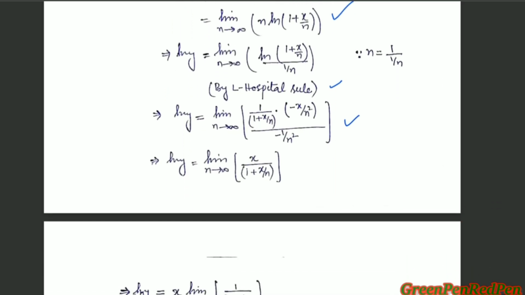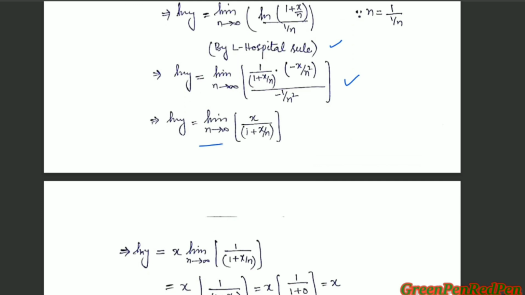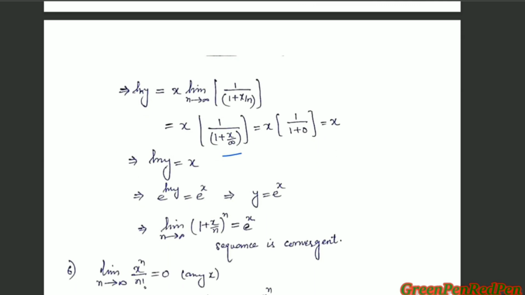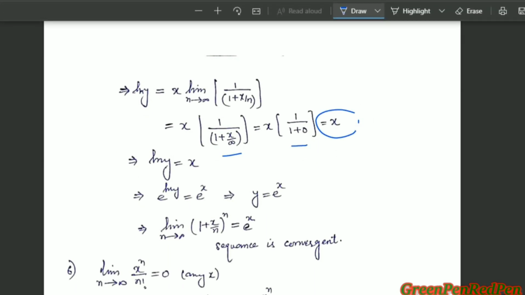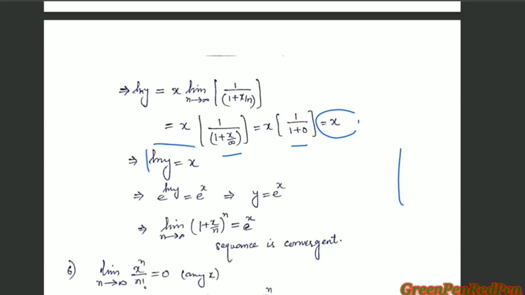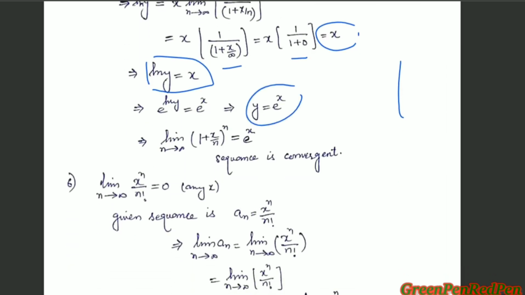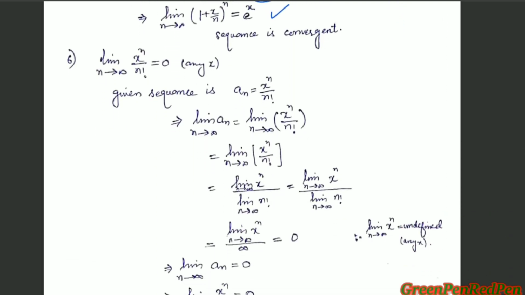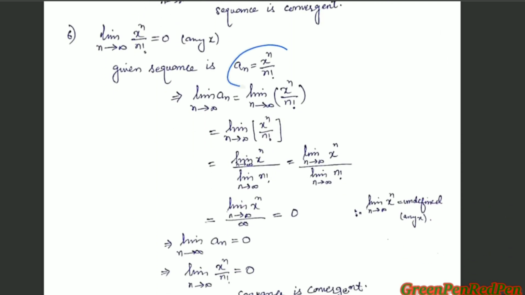Because the limit is only on n, we take x outside of the limit, and as n approaches infinity we get x. But we have log of y equal to x, and we need e to the power x. Taking the exponential on both sides, we get y equal to e to the power x, and the sequence tends to e to the power x.